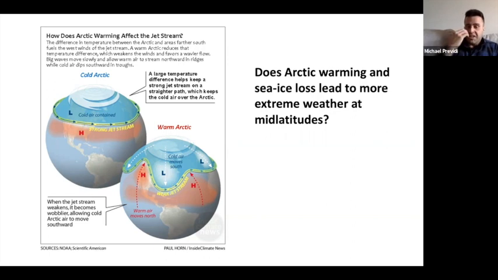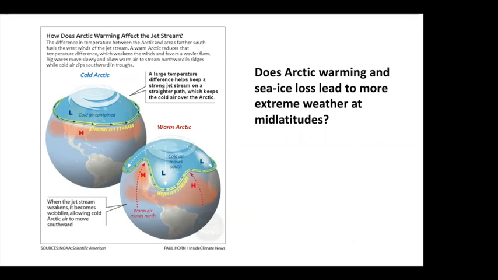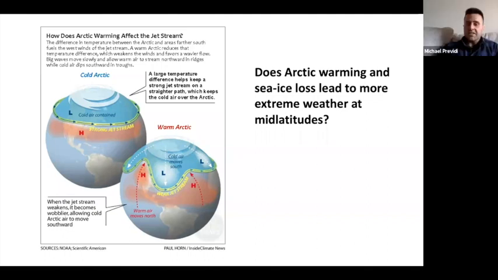So this is an idea that's relatively new in the climate literature. It's only really in the last 10 years that this has been discussed. And I'll say that it's also still a very controversial idea. There are some studies that indicate that there is observational evidence for an effect of Arctic warming and sea ice loss on weather extremes, leading to more weather extremes at mid-latitudes.